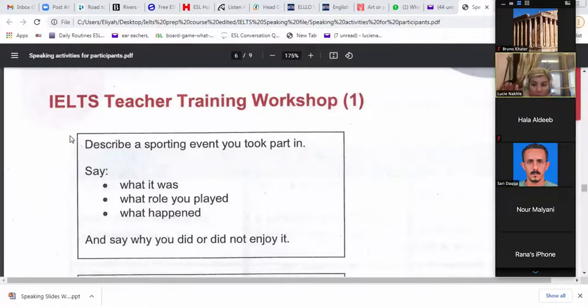But your vocab is good. Your vocab was really good. You used many lexical resources. Also pay attention to your pauses. Instead of pausing, use a connector. Use something to sort of fill in the voids. Also, what happened was, so you are saying, but you are thinking as well.